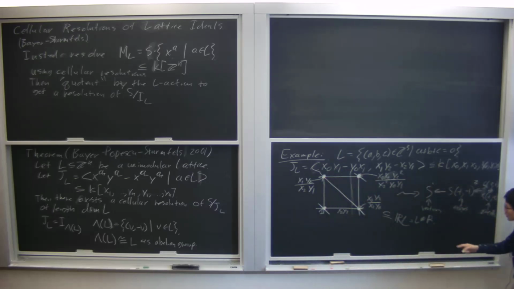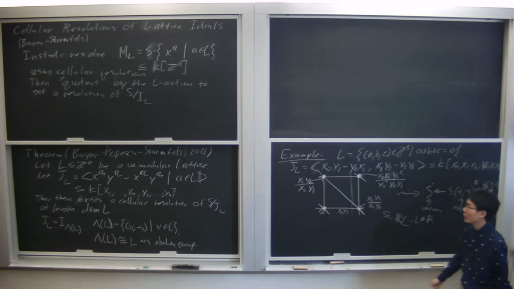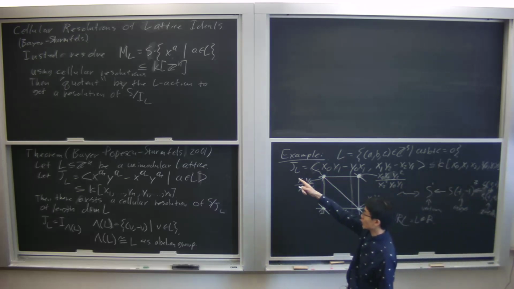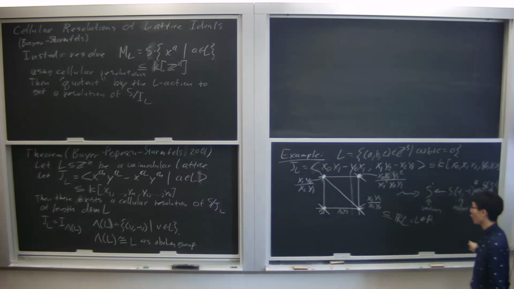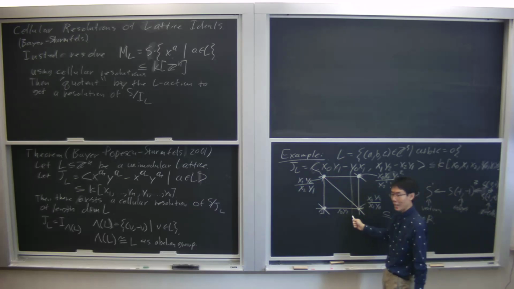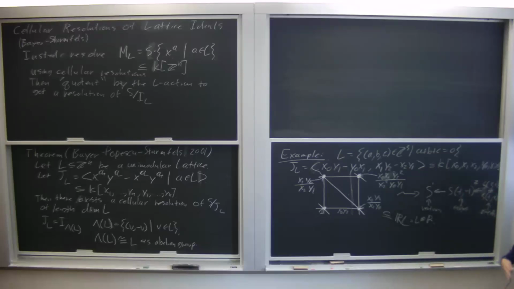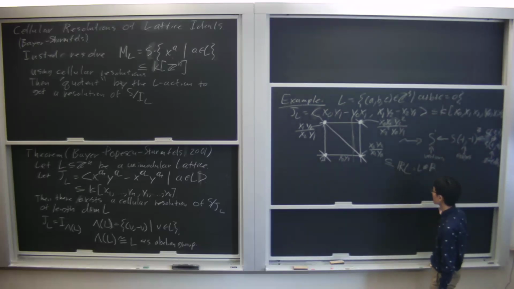When we quotient out by L, these vertices are identical, and the cells you quotient by the symmetry. And in general, you do something like this procedure.